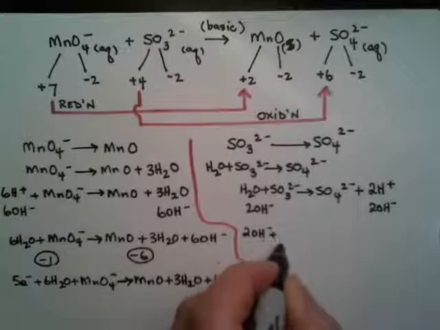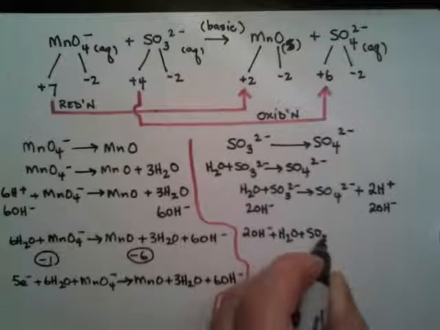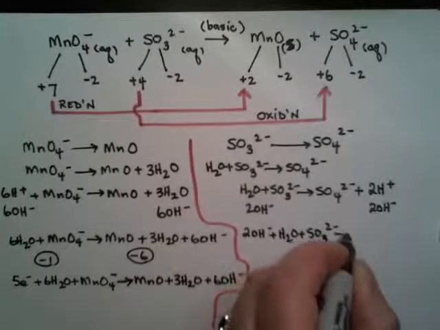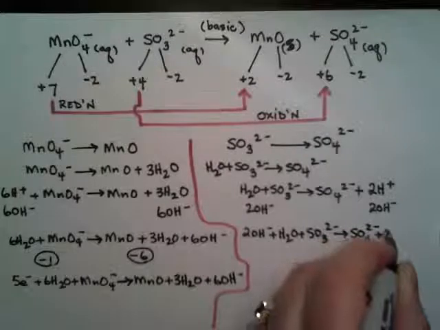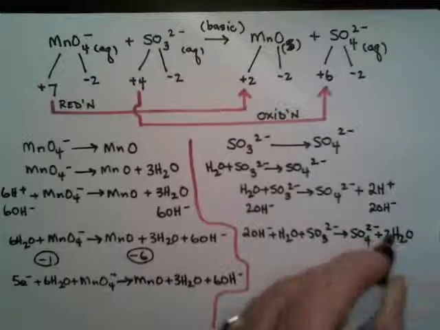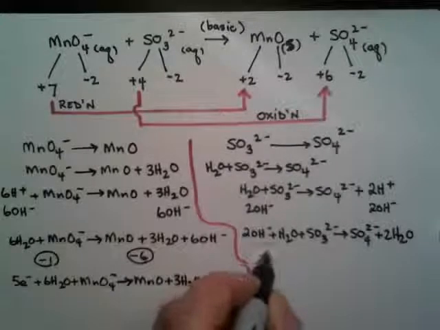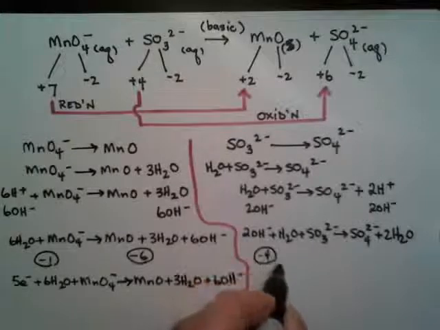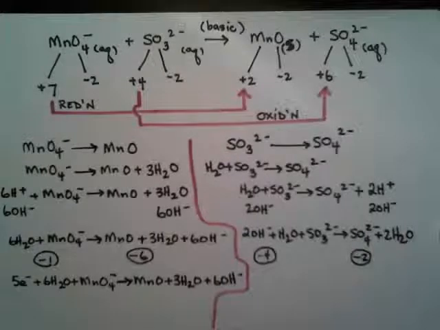So I have 2 OH- plus H2O, sulfite goes to sulfate, and 2 water. On the left, my total charge is -2, -2, -4. And on the right, only a -2.